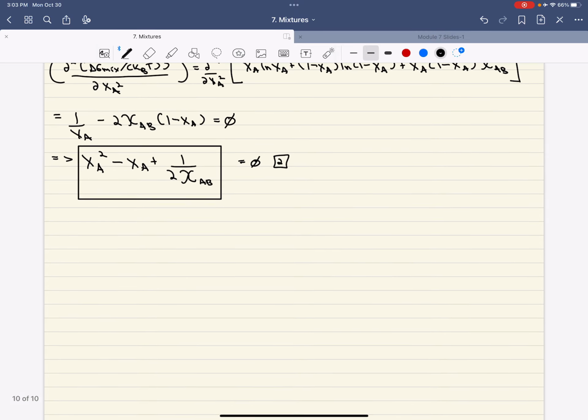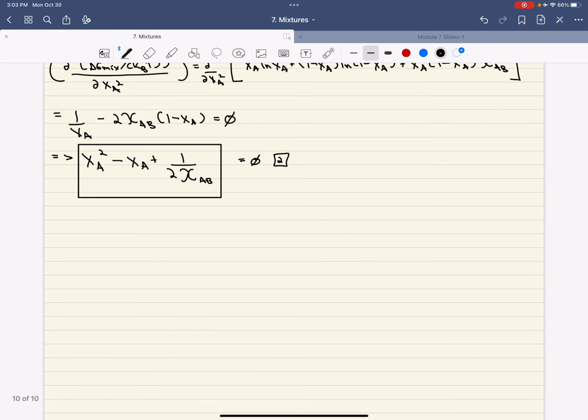So the steps for finding the spinodal: once again, you vary your xa values, then calculate your delta G mix.